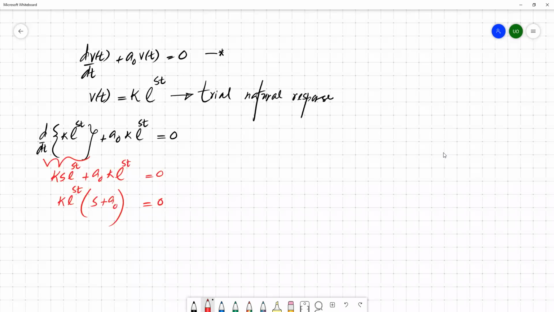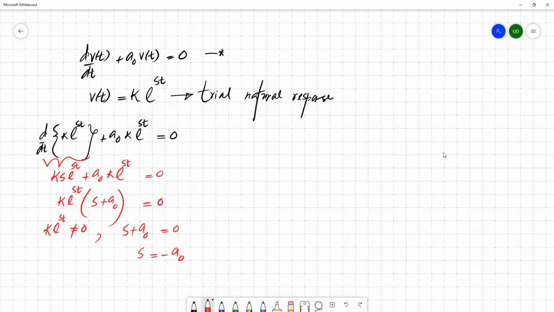So k e^(st) should not be equal to 0. Then we can simply say that s plus a0 is 0, and s should be equal to minus a0.